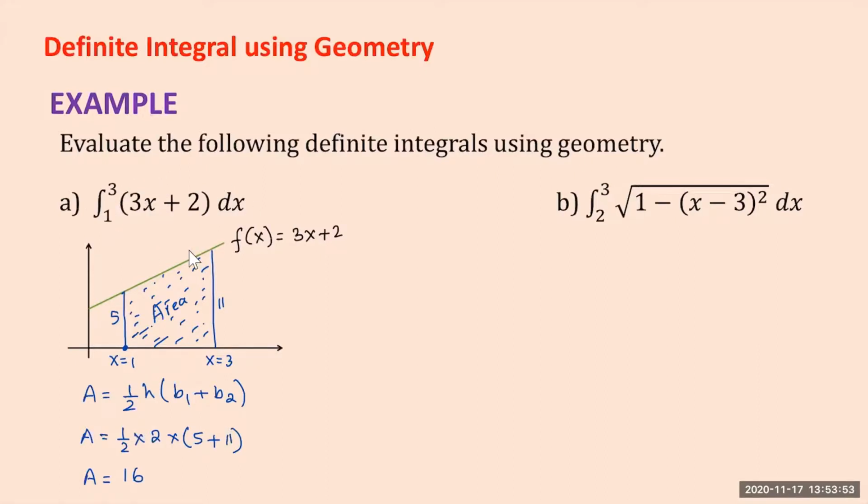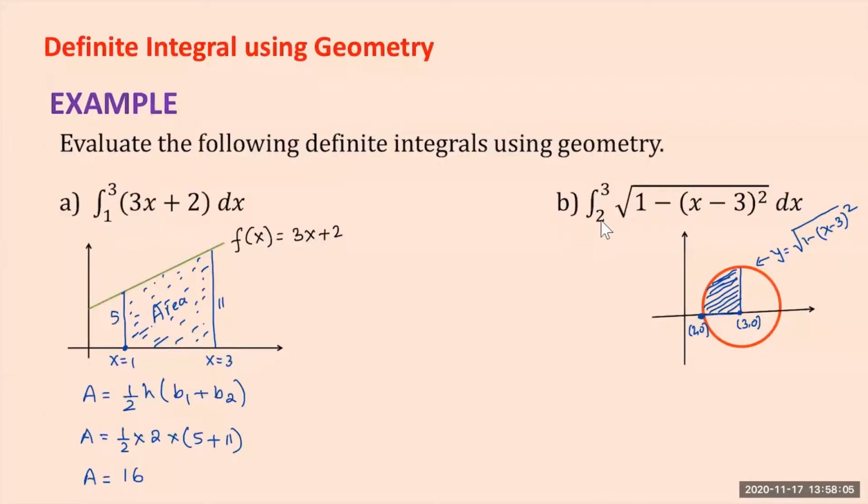If you use the limit of the Riemann sum, it's going to be a lengthy math, but you'll get the same result, 16. You can try the limit of the Riemann sum to evaluate this integral. You'll get the same result, but using geometry is easy. Using geometry is not always possible. It is possible here just because the area over here is in the shape of a trapezoid.